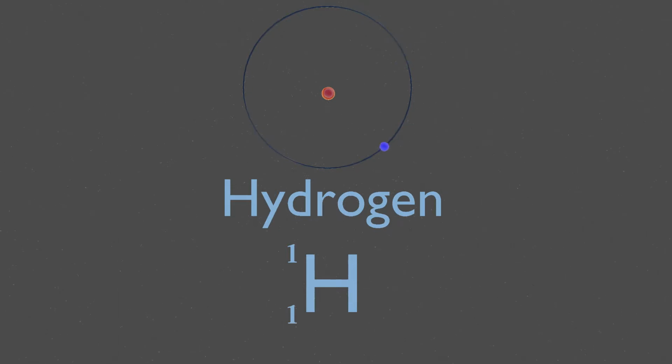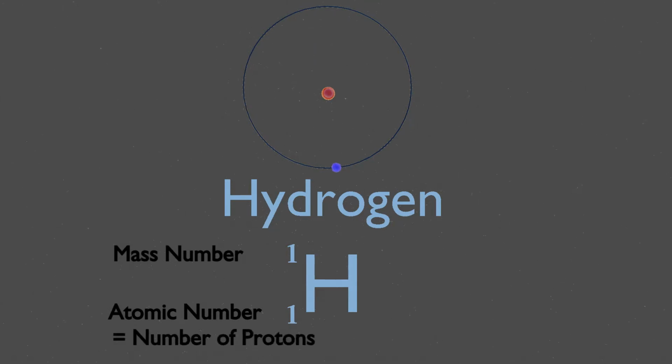So the atomic symbol for hydrogen is the capital letter H. With the atomic symbol, we usually have two numbers that are associated with it, the atomic number and the mass number. The atomic number is the number of protons, and it defines the element. So all of the elements are going to have a different number of protons.